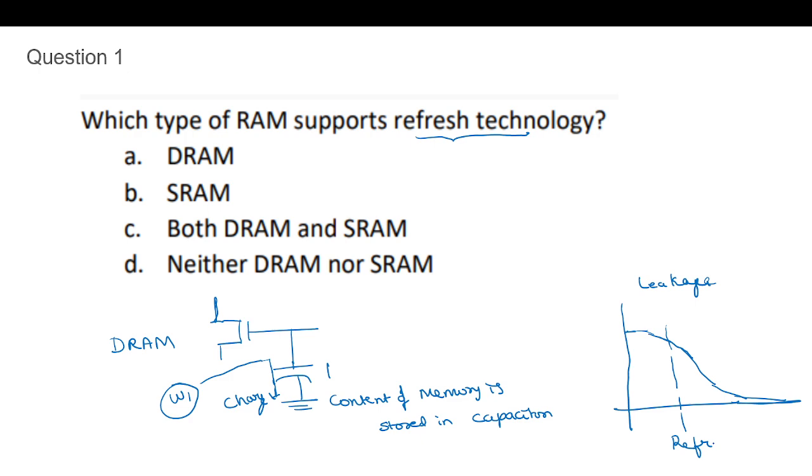The DRAM cells use the refresh circuitry so that it sees this 1 is leaking away, and it is again charged to VDD. And if it sees a 0, it will keep it in the ground state. So option A is the correct answer.